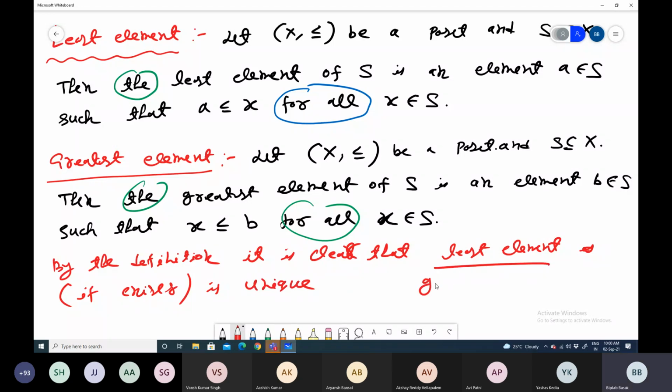And similarly, we can say the same for the greatest element. So in a partially ordered set, the least element or greatest element may not exist, but if they exist, then they should be unique.